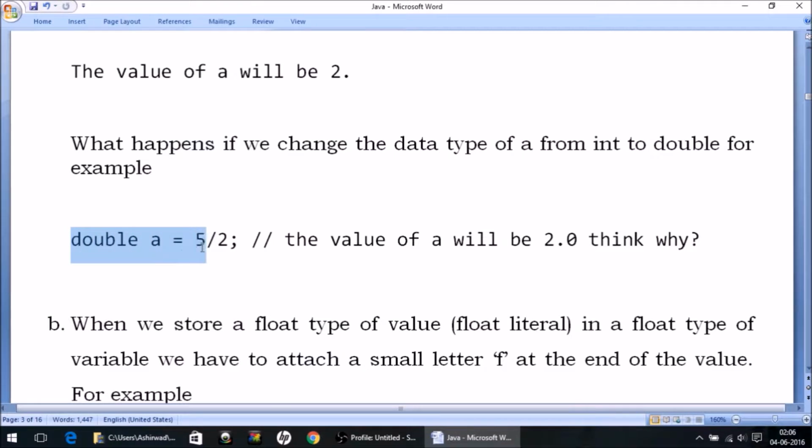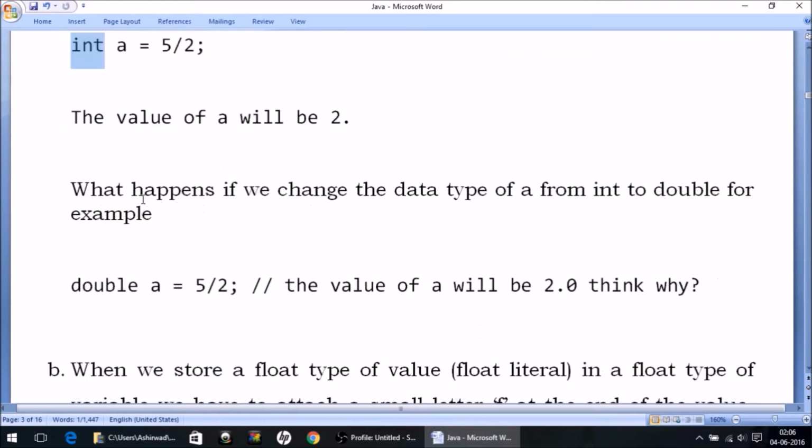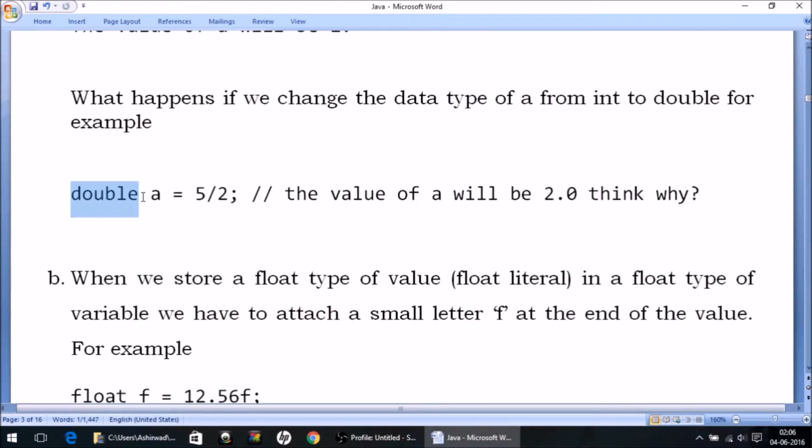what if I use double data type in the same calculation? Earlier we had integer data type associated with a, now we have double data type.